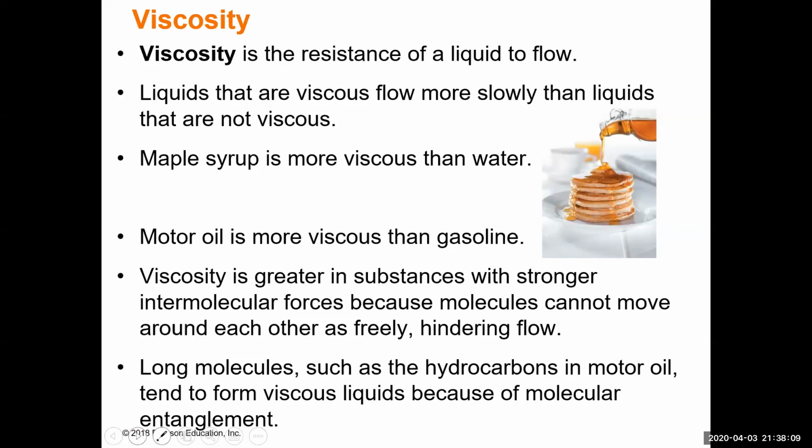Viscosity is the resistance of a liquid to flow. So when we have liquids that are viscous, they will flow more slowly than liquids that are not viscous. For example, we see a picture of maple syrup being poured onto pancakes.